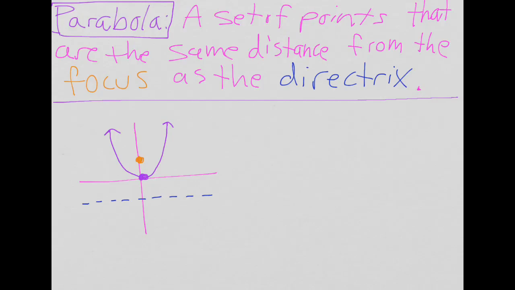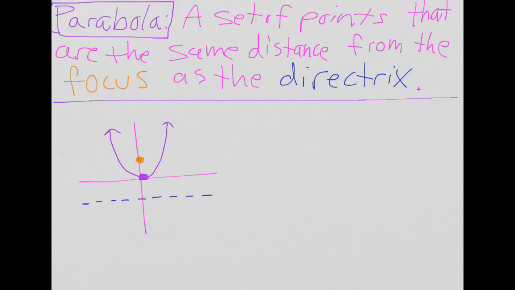So real quick, remember what this definition is saying. A set of points that are all the same distance from a focus as they are from a directrix. Now that blue line underneath our parabola is our directrix, and that orange dot directly above our vertex is the focus.